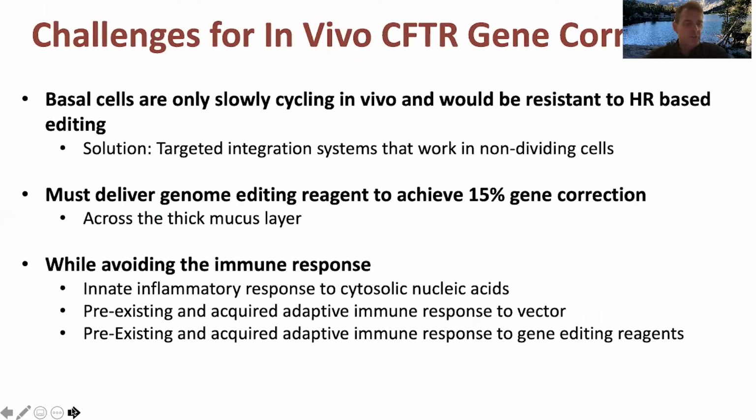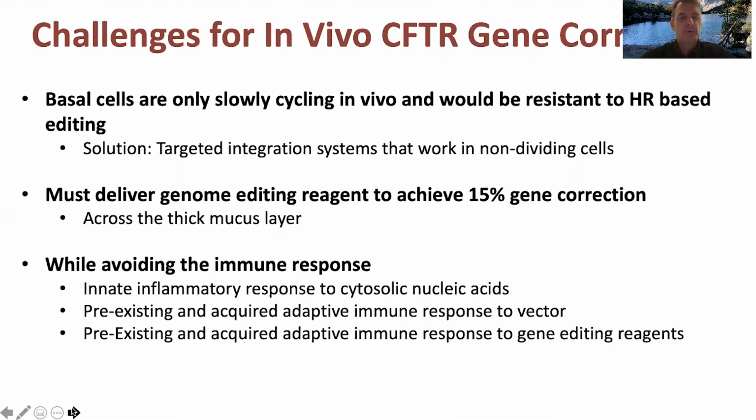So what are some of the challenges as we move forward in the genome editing space in terms of doing in vivo editing? The first is that the homologous recombination pathway is really only active in cycling cells, and endogenous in situ basal cells are only slowly cycling. So I think systems that allow targeted integration that work in non-dividing cells is going to be necessary.